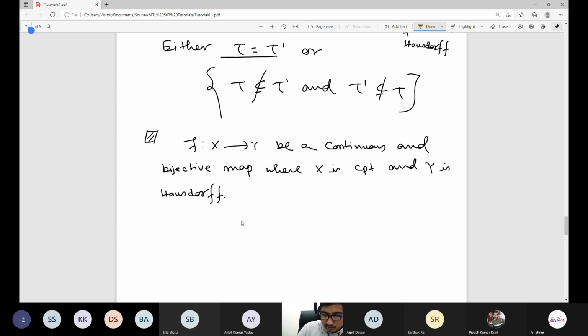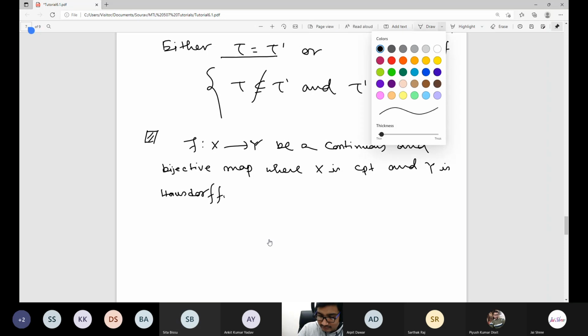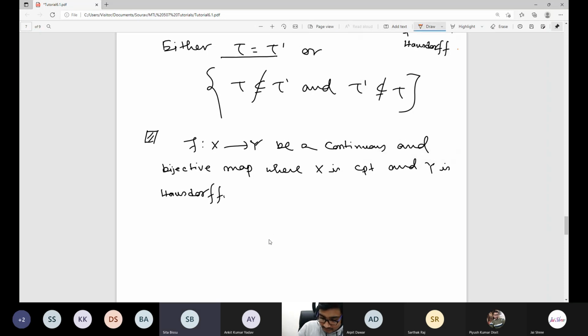Then what can we say about this map? Then f will be a homeomorphism. Yes, f inverse is also continuous, and therefore f is a homeomorphism.